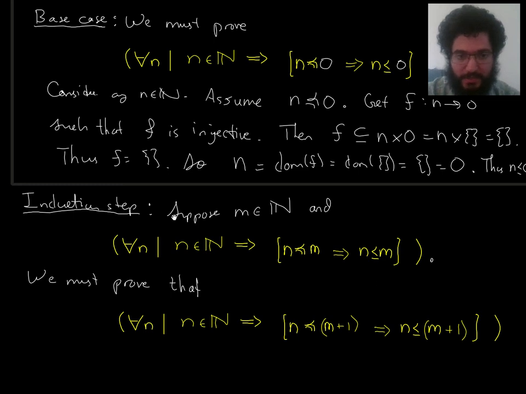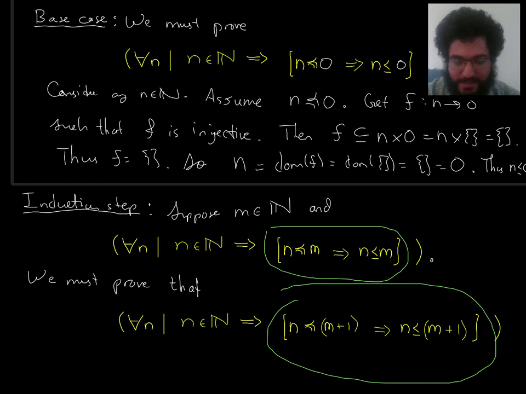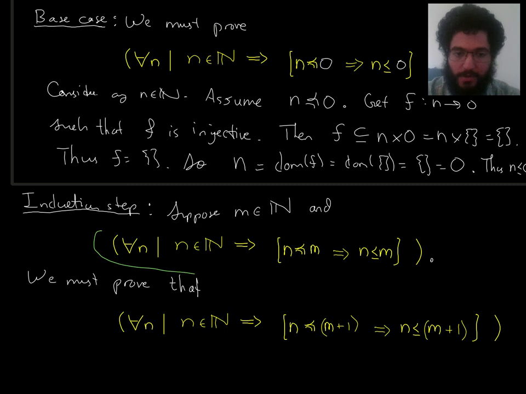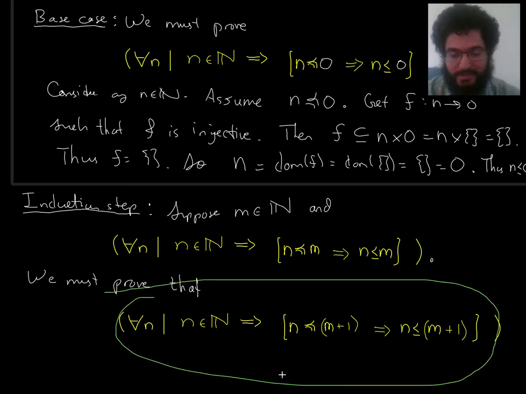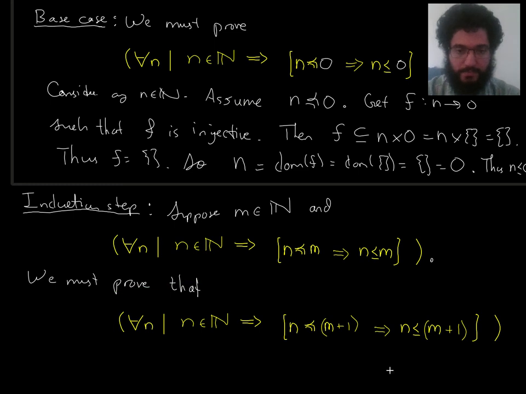So if I hadn't included the for all n in the phi that I was doing induction on, then this would be my induction hypothesis and I'd have to prove this. So it's kind of a trade-off, right? I'd have a weaker hypothesis to use and a weaker thing to prove, so that sounds easier. But including the for all n, I have a stronger hypothesis to use, but I have to prove a stronger thing here. It turns out that this way works while the other way doesn't.